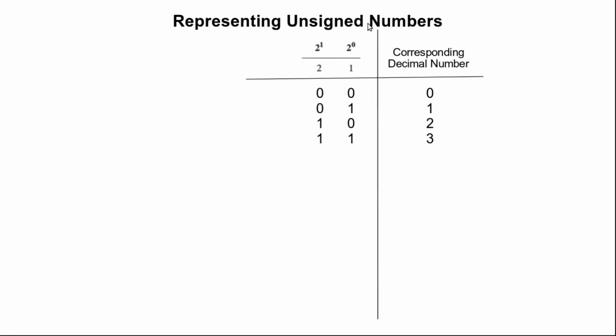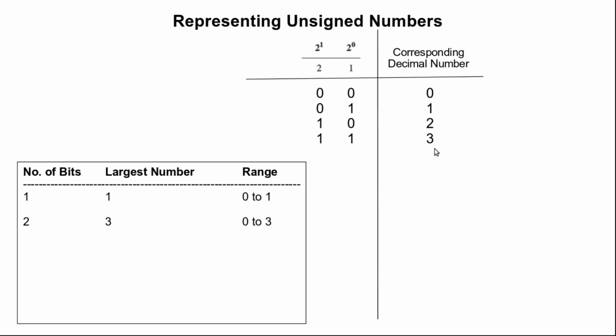And now when we increase the number of bits to 2, we can represent 4 different numbers, 00, 01, 10, 11, and the 4 numbers are the decimal numbers 0, 1, 2, 3, and hence we can say that using 2 bits, the largest number we can represent is 3, and the range of numbers we can represent is from 0 up to 3.